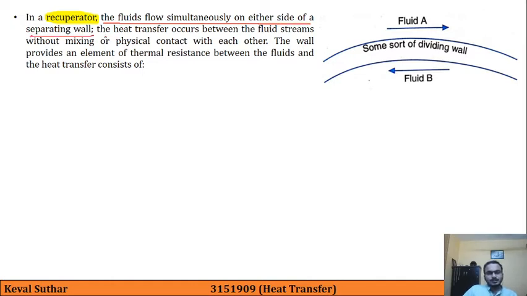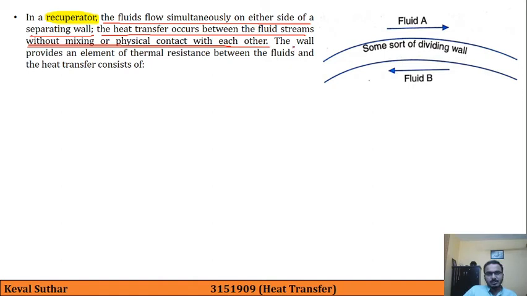So here the heat transfer occurs between the fluid streams without any form of mixing or physical contact with each other. So this is completely non-contact type of heat exchange process, and it is called recuperator.